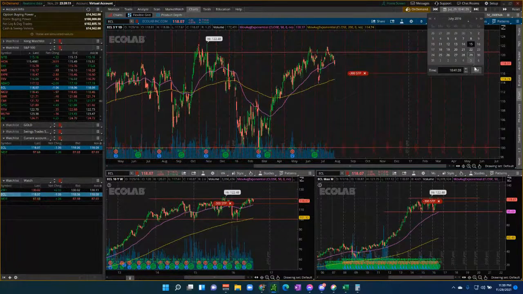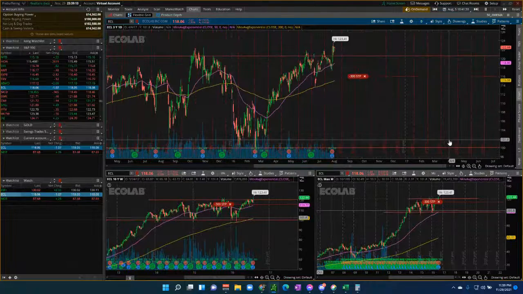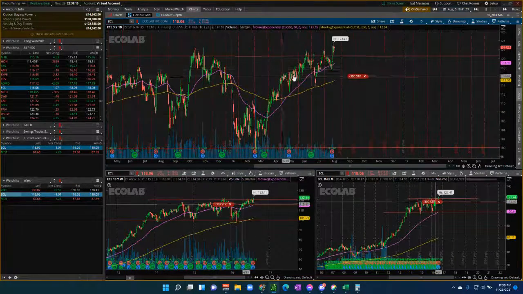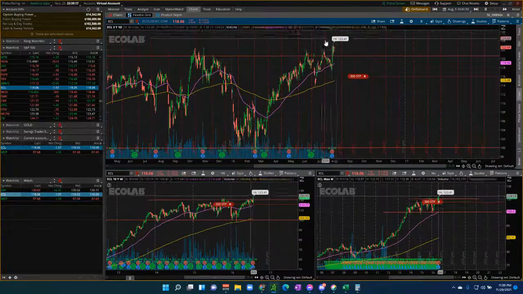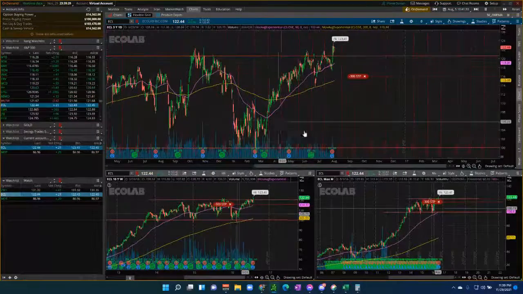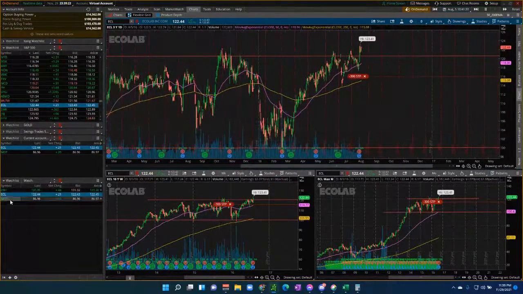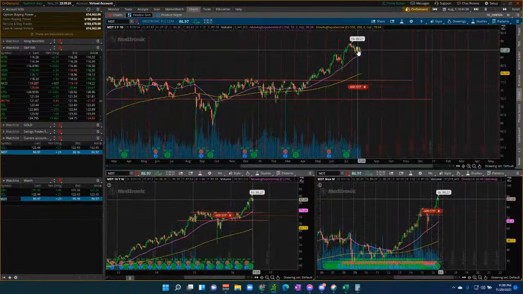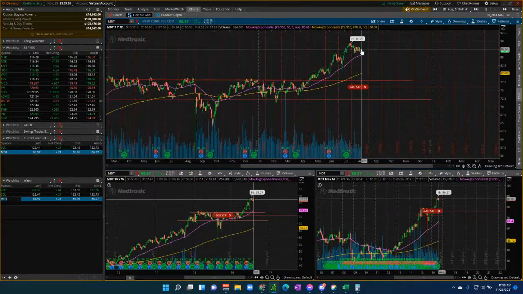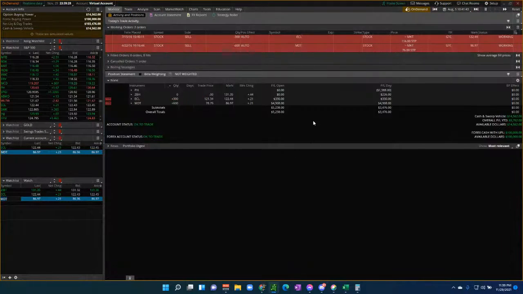So we were at the 29th. Let's go to August. And look at that. Our stop has allowed us to stay in the position, and now ECL is up. Medtronic is hanging in there. It's a little bit slower now, but both of them are up. We're still $3,000 up for the year.